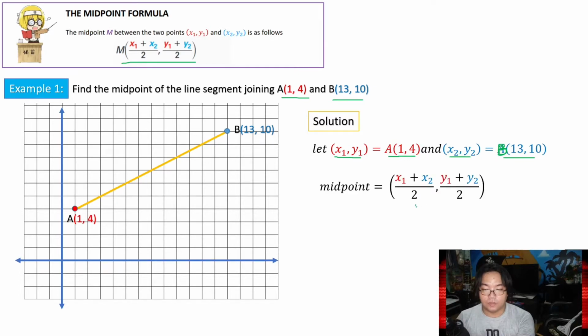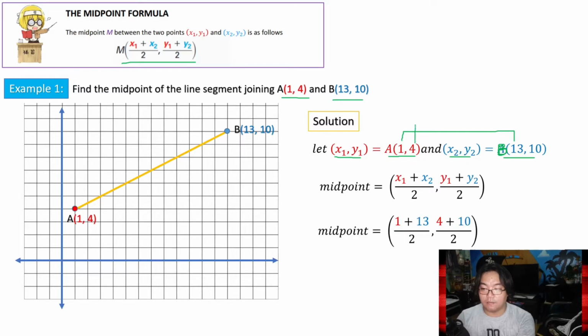By substituting into the midpoint formula, we are going to add 1 and 13, so that's 1 plus 13, and then 4 plus 10. So 1 plus 13 divided by 2 for the x-coordinate, and 4 plus 10 divided by 2 for the y-coordinate. By simplifying, we get 14 over 2 and 14 over 2 for y.